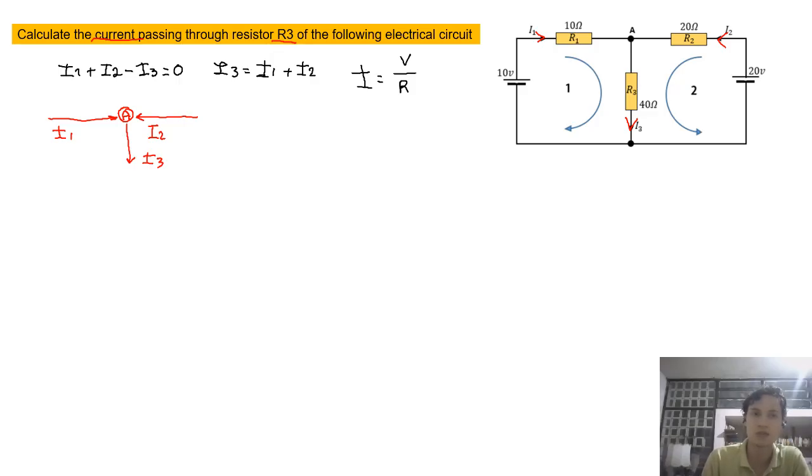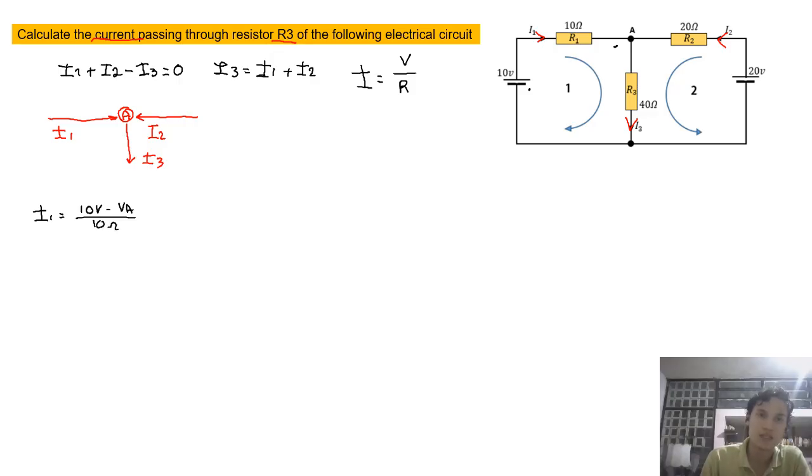Current 1 will be equal to the voltage here minus the voltage here. So it's 10 volts minus the voltage at point A, let's call that VA, over the resistance, which is 10 ohms.